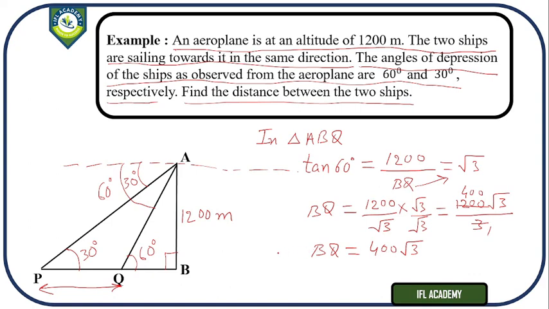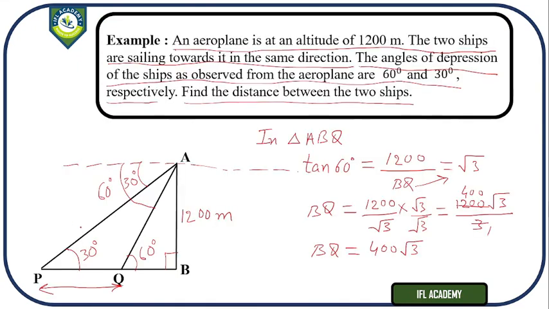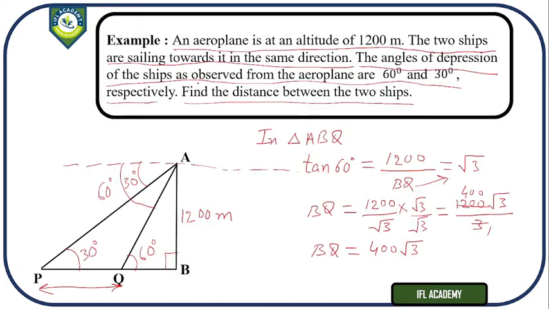Now in right angle triangle ABP, tan 30° will be equal to perpendicular upon base PB. What is perpendicular?